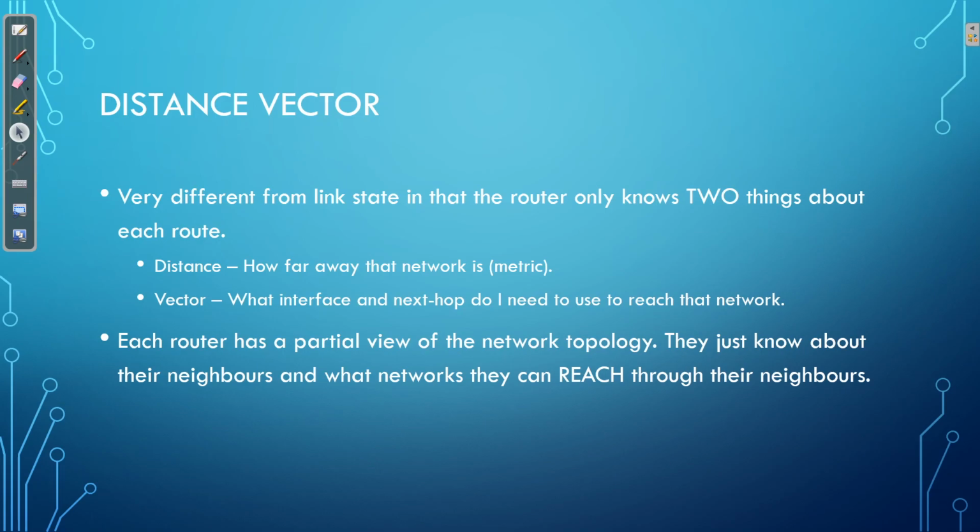So again, this is different. With distance vector routing protocols, each router does not have a complete picture of what the network looks like. All they know is, okay, these are my neighbors, and these are the networks that my neighbors have told me about. Because they told me about them, I can reach those networks through my neighbors. So now I believe them because I've got no other information to go off.